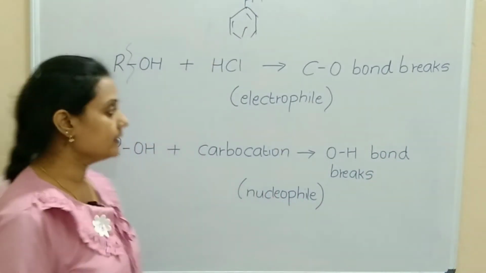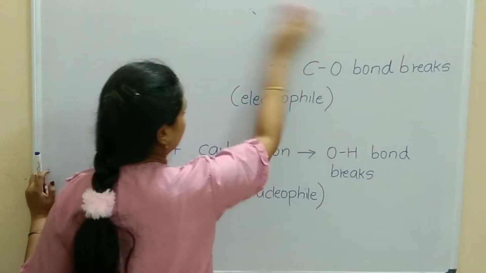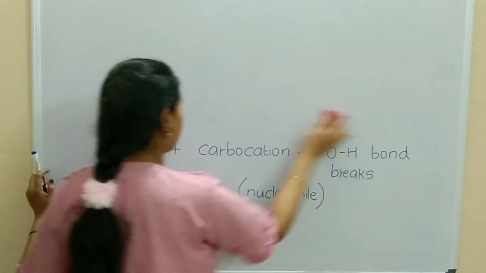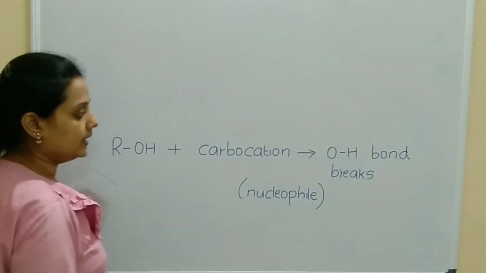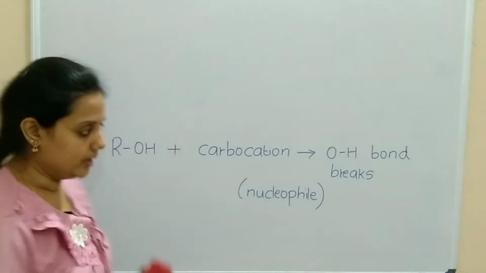We'll check what is formed if phenol reacts with a metal. First we will learn about the reactions involving cleavage of the OH bond.